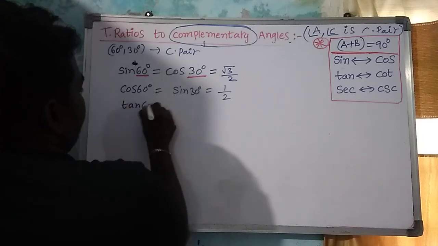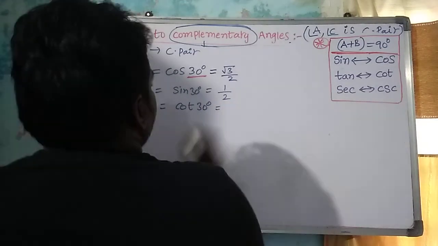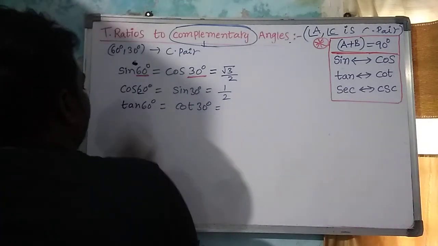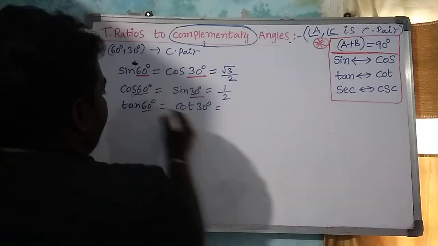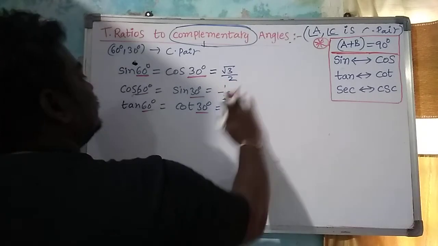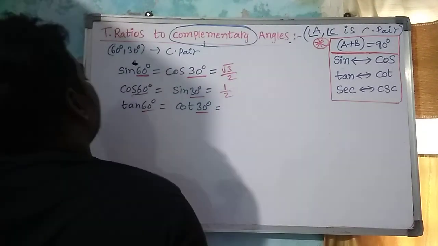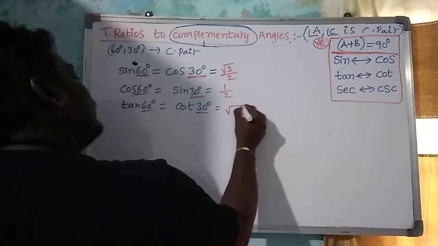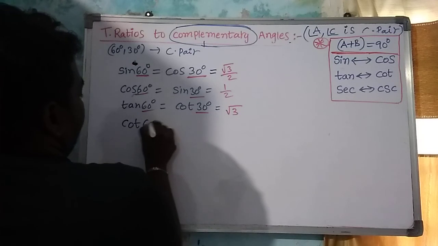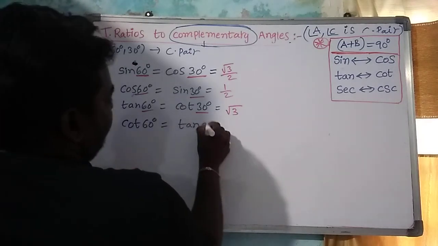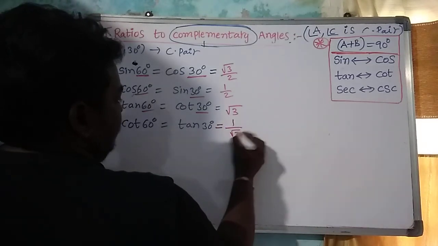Tan 60 equal to cot 30. This is root 3 by 2, this is 1 by 2. Tan 60 equal to cot 30, which is nothing but root 3. Then what about this one? Cot 60 equal to tan 30, which is 1 by root 3.